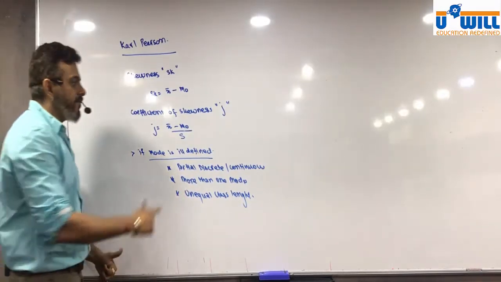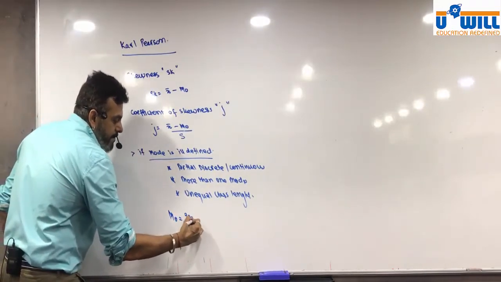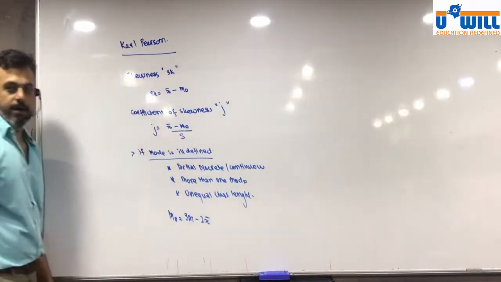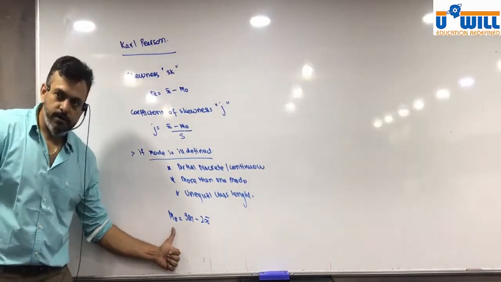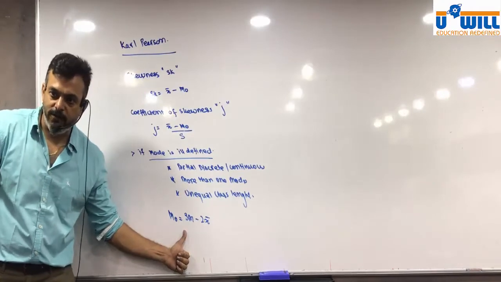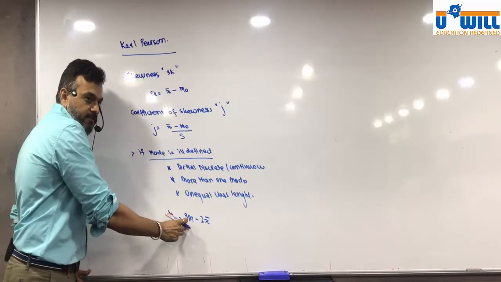At that time, what's the formula for mode? Mode is equal to 3m minus 2 x bar. पता है ना सबको ये? ओके, जब भी हमने किया था mode, तो हमने ये formula किया था Karl Pearson. Now, this mode will be substituted by this formula.